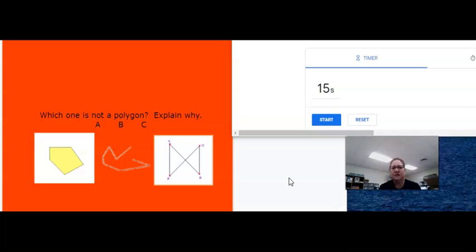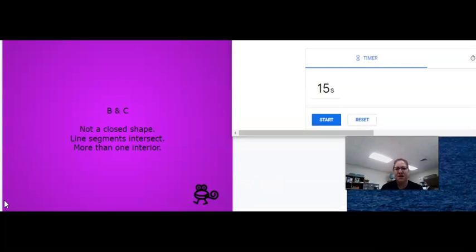Tell me one that is not a polygon and explain why. If you said B or C, you are correct. B was not a closed shape. C had line segments that intersected and more than one interior.